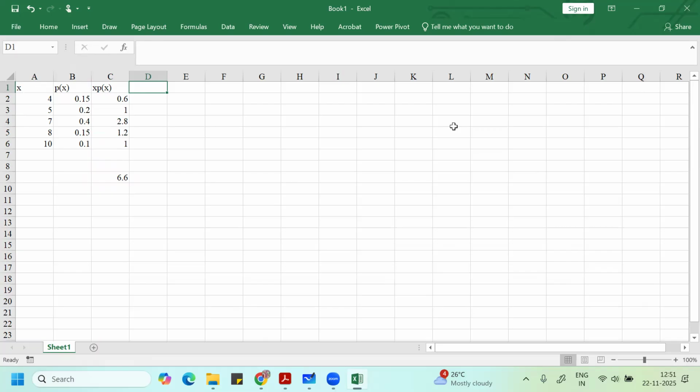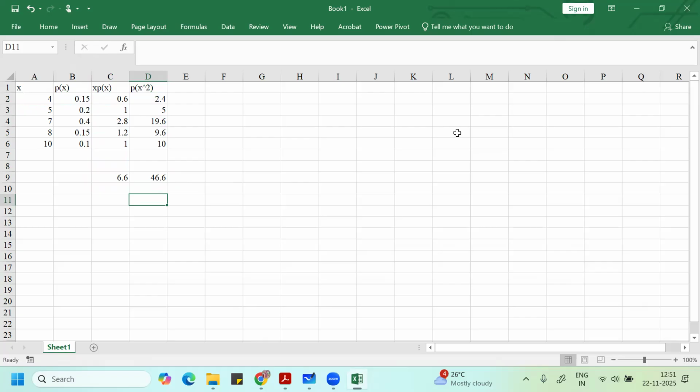Then you can find p into x square, that is 0.15 into 4 square, like this. And then we can do the sum of this.